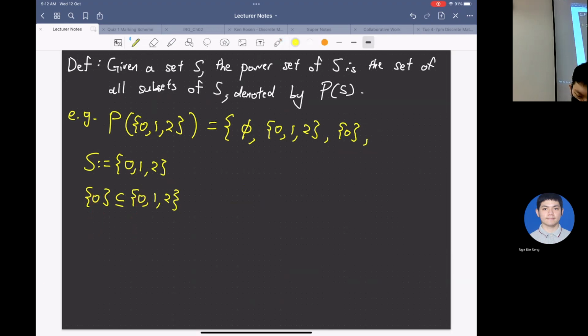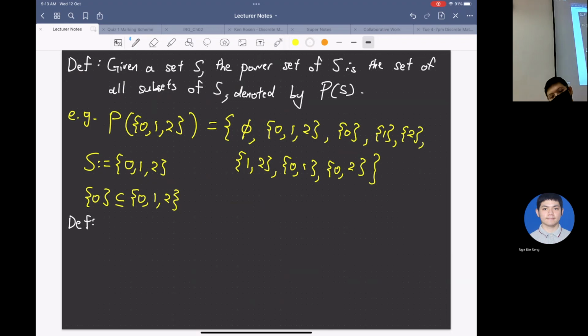Similarly, we will have the set containing 1, the set containing 2. Any else? The set containing 1, 2, then 0, 1, and then 0, 2. Okay, I think that's all. Yeah, all set. Okay, next.